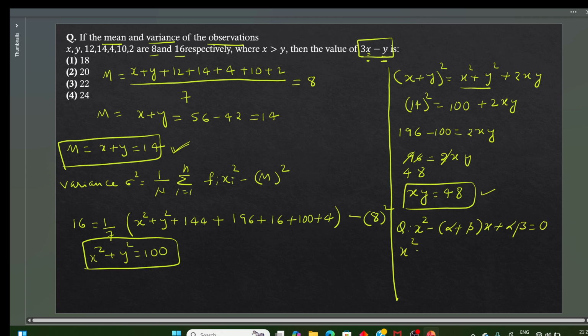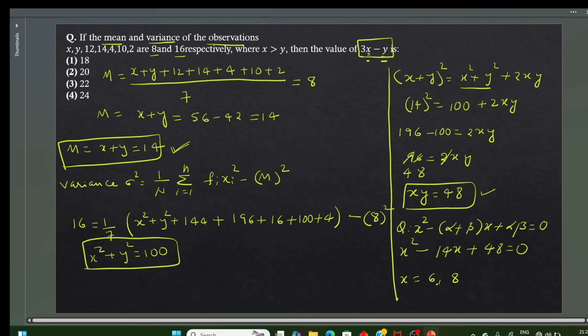So here it is x square minus 14x plus 48 equals 0. Applying the splitting of the middle term, we get the x values 6 and 8. 6 times 8 is 48, and 6 plus 8 is equal to 14. Clear?